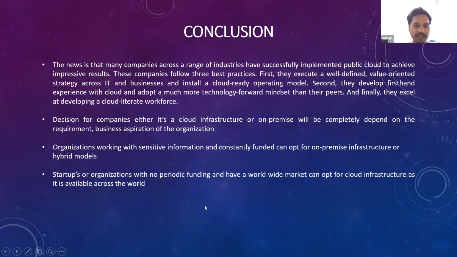Organizations working with sensitive information and who can get constant funding, for example governments, can opt for on-premises infrastructure or hybrid models. And organizations like startups with no periodic funding and a worldwide market can opt for cloud infrastructure as it is available across the world.